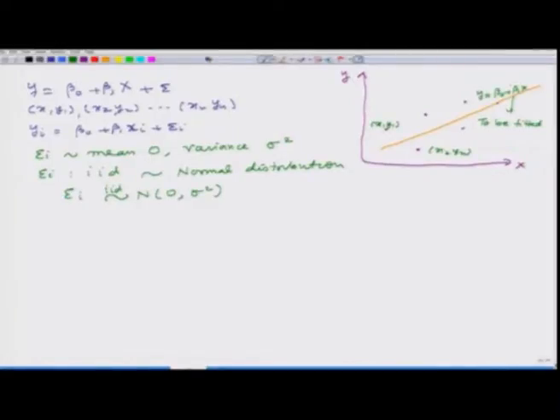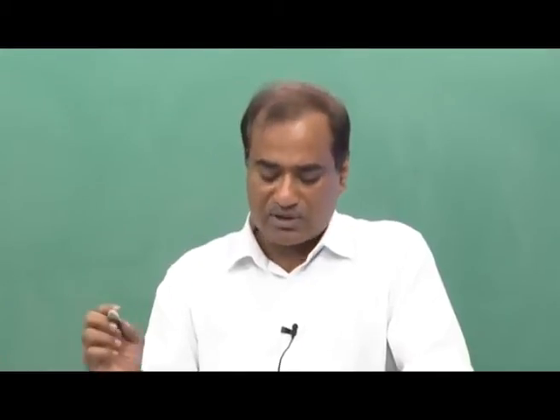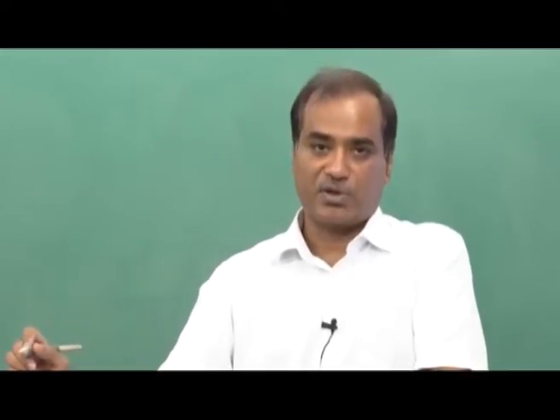I would like to make one note: when we are going for the least square estimation, this assumption of normal distribution will not be used. When we are going for the test of hypothesis and confidence interval estimation, then only this assumption of normality will be used.